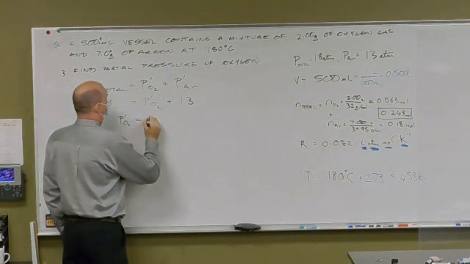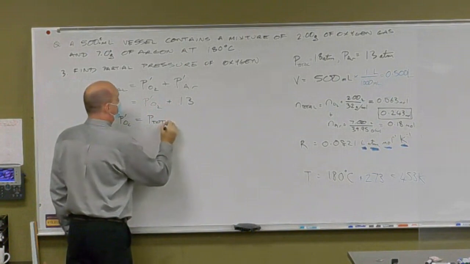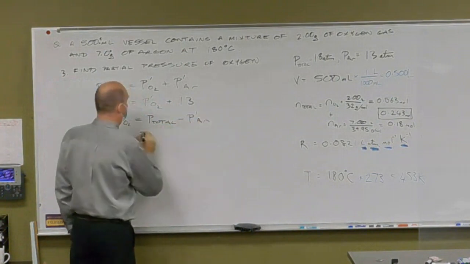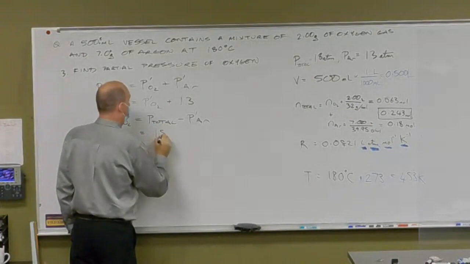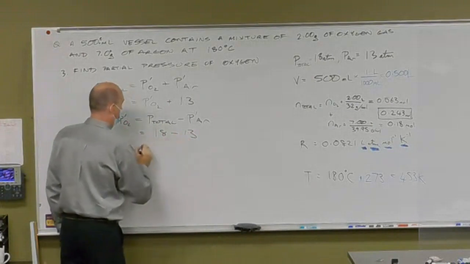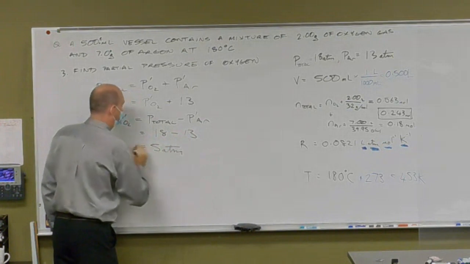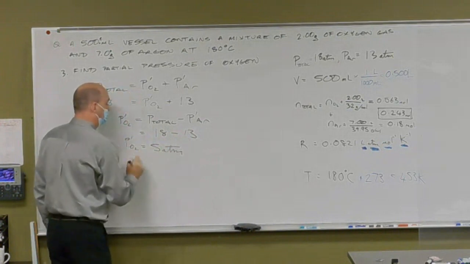PO2 is P total minus PR, which is 18 minus 13, which is 5 atmospheres. Okay.